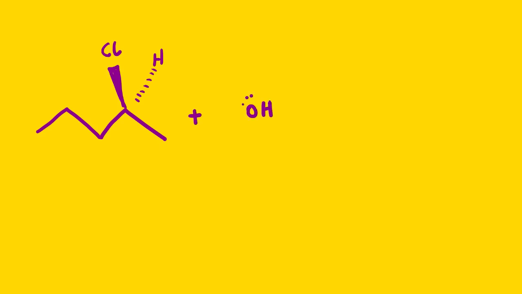Our nucleophile is OH. In this case, we know very well that this will be our leaving group. It's a substrate, our nucleophile. What will happen is that the leaving group will have this pair of electrons, and then the nucleophile will attack the electrophile.